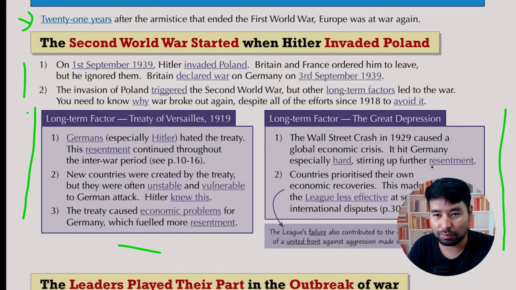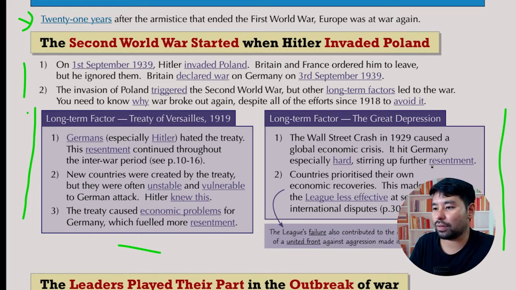So of course they got really angry. And it was one of the reasons, or one of the excuses, that they used to begin this war. So these were some of the long-term factors, especially focused on the Treaty of Versailles. But of course, the Treaty of Versailles was not the only reason.